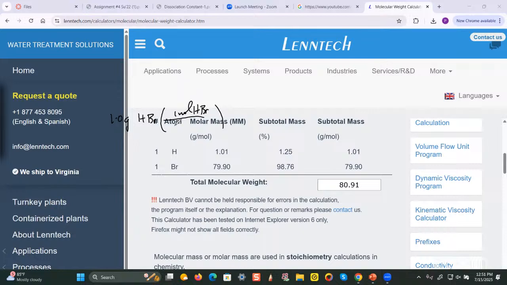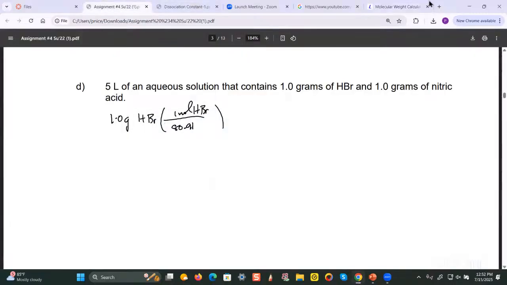So here we're going to put 80.91. This would be 80.91 grams of HBr. We need to do the same thing for the nitric acid, 1.0 grams of HNO3 multiplied by 1 mole of HNO3 up top, and below the molar mass of HNO3.